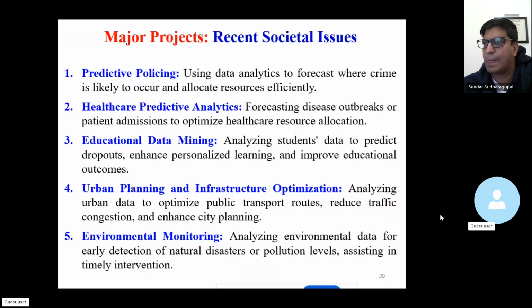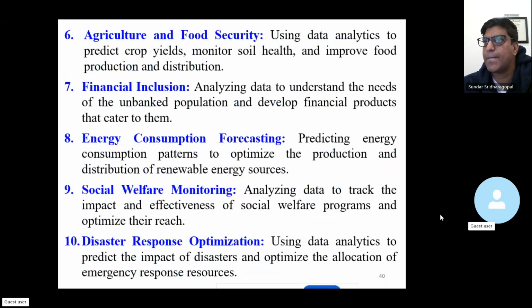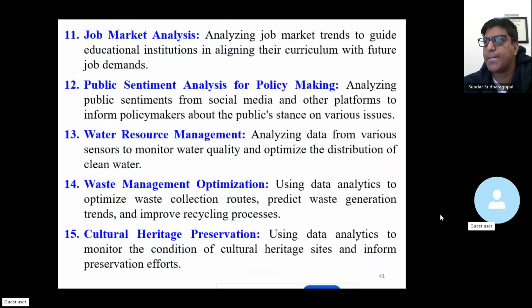Then agricultural data and food security data we are analyzing. Then financial inclusion data applications, energy consumption forecasting applications, social welfare monitoring applications, disaster response optimization techniques, job market analysis by using AI techniques, public sentiment analysis for policy making.